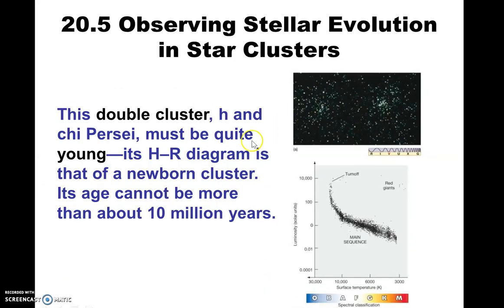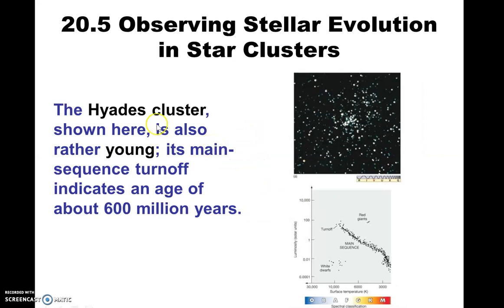Okay, let's see. So this is an example of a double cluster, h and chi Persei. This is a relatively young cluster because we're only seeing the turnoff point up here with the B stars. And so you can figure out how old that cluster is.